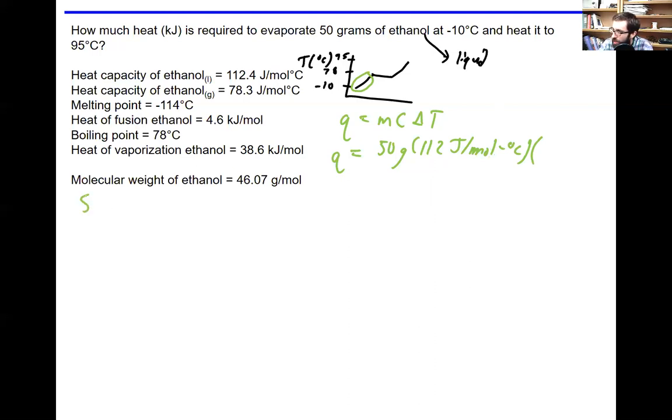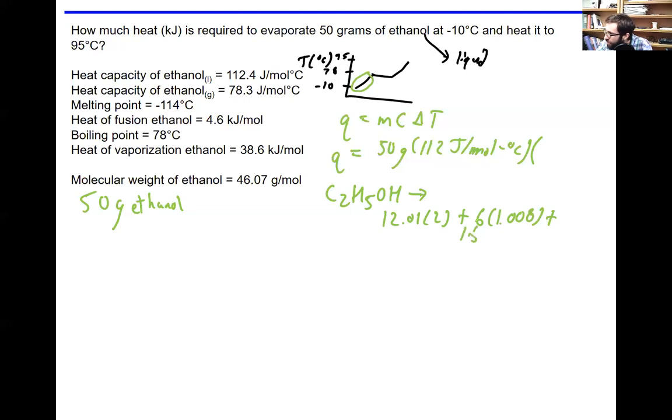So let's go over here, 50 grams of ethanol. Ethanol, we can look this up, is the formula C2H5OH. And so the molecular weight of ethanol is going to be 12.01 times 2, plus 6 hydrogens at 1.008, plus 16 for the 1 oxygen.